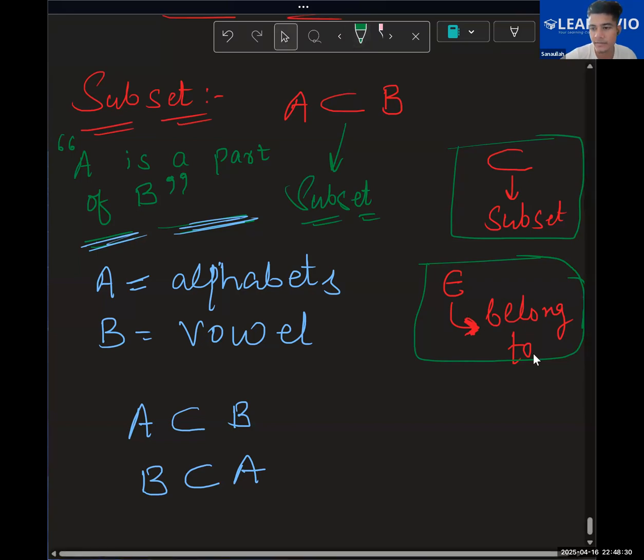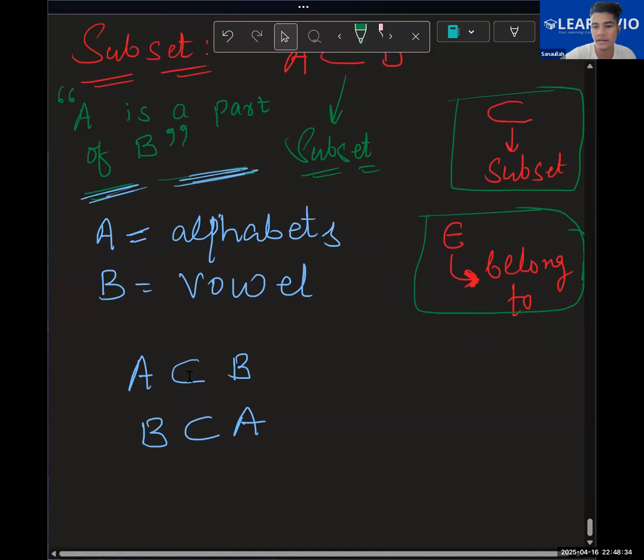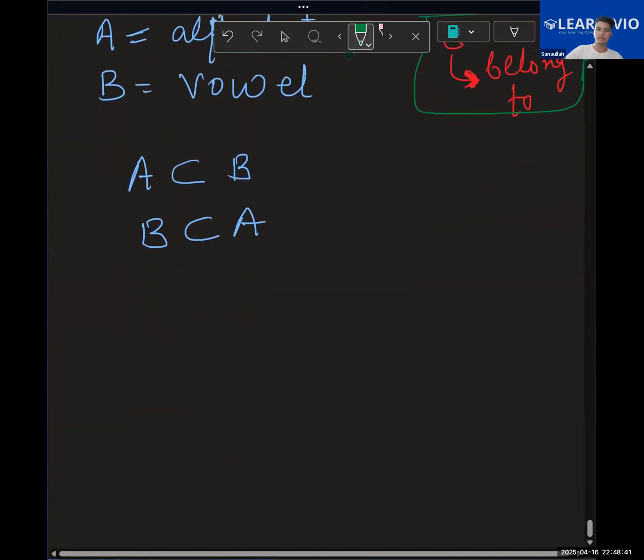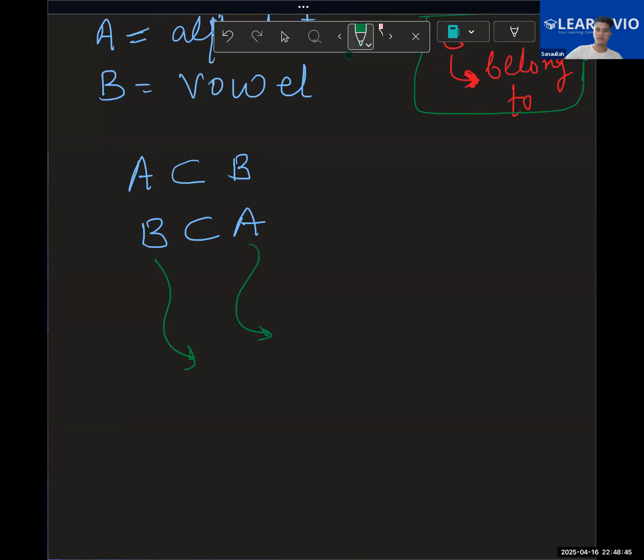But in mathematics, this symbol means belongs to. यहाँ पे ये सिंबल तब यूज होगा जब ये और ये both are sets.